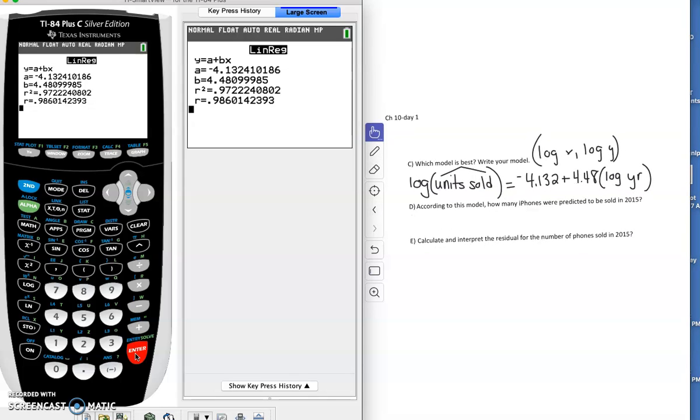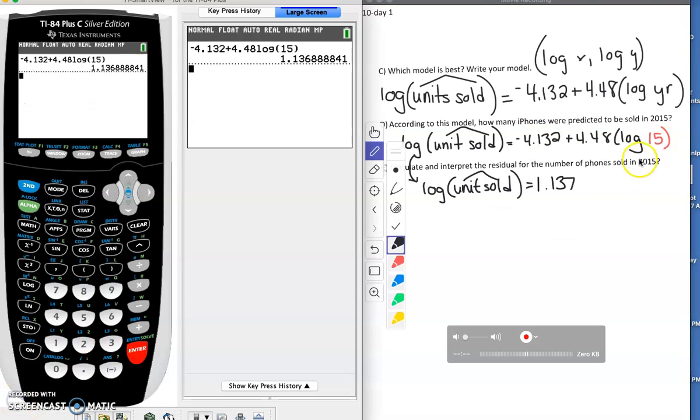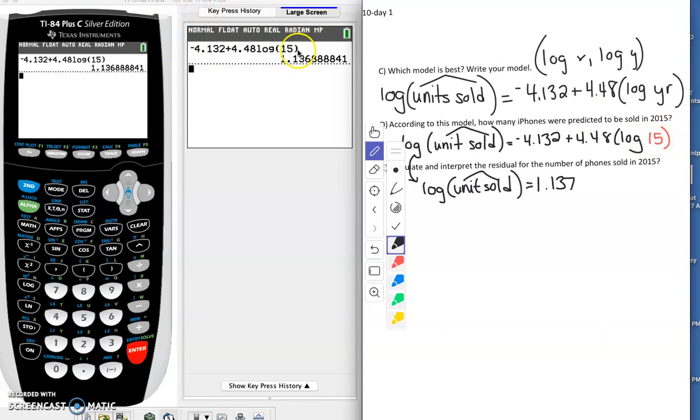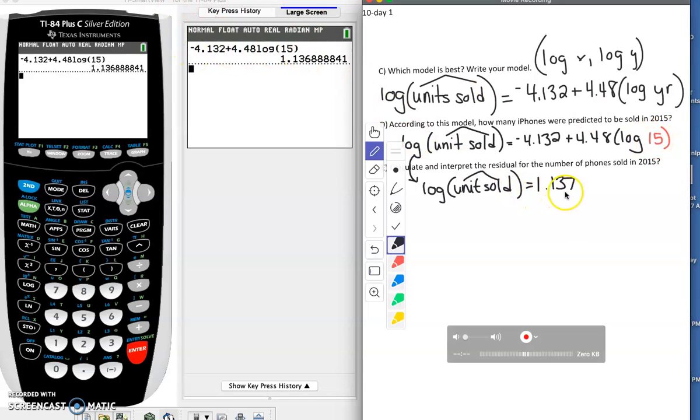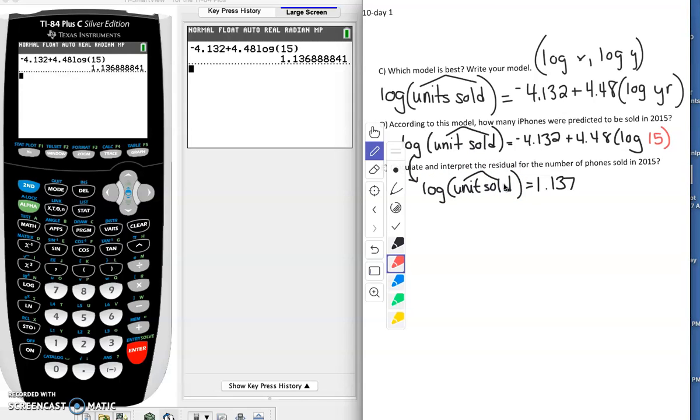And then it says, according to this model, how many iPhones were predicted to be sold in 2015? So 2015, looking back at your original data, is 15 years after, so we're just substituting. I just plugged in 15 right here, did it on my graphing calculator and got approximately 1.137, but that's not the predicted units sold because we've transformed our data. We did the log of the predicted units sold, plus, they sold definitely more than 1.137 iPhones. That doesn't make sense.